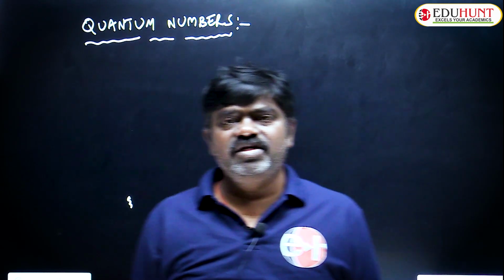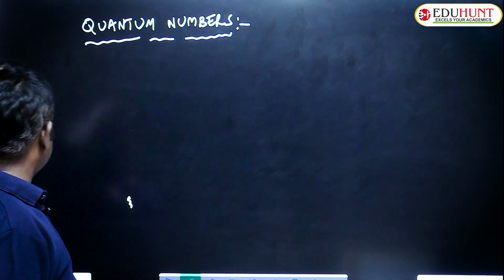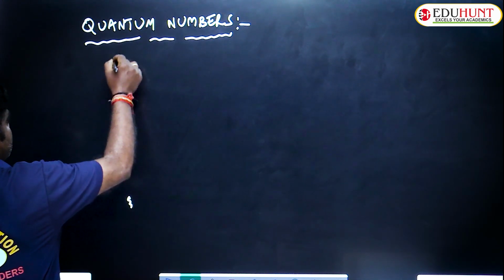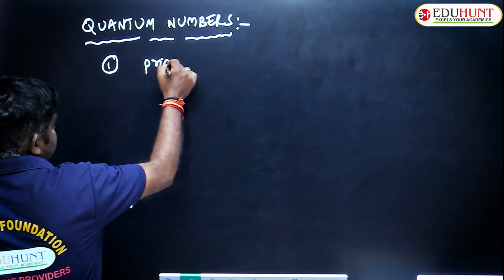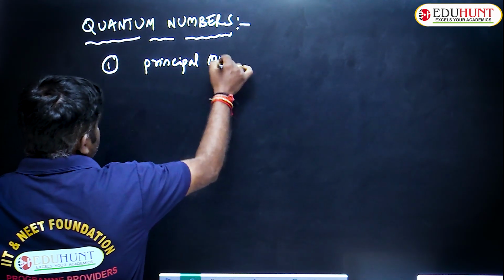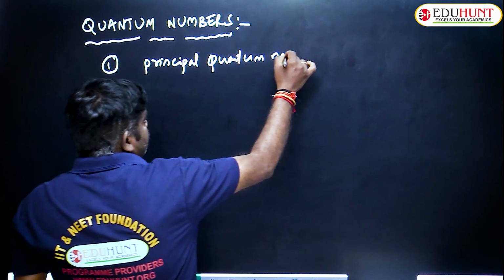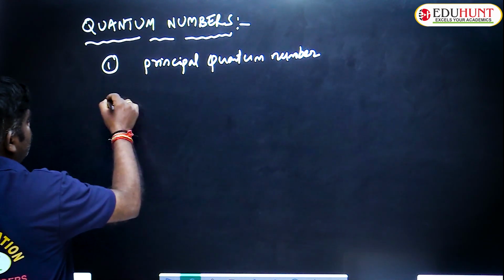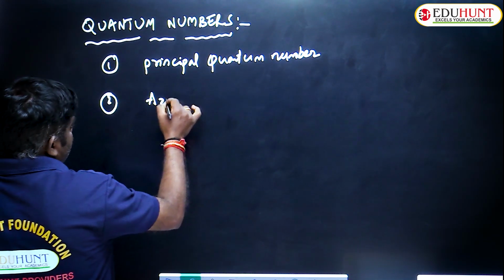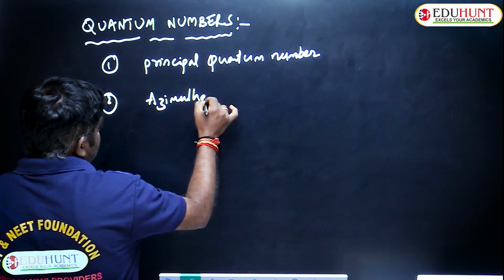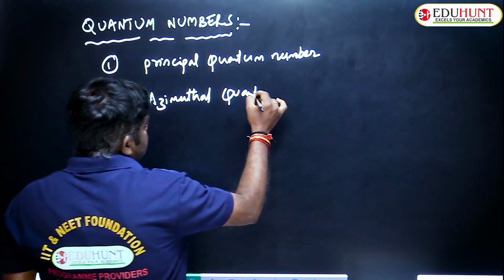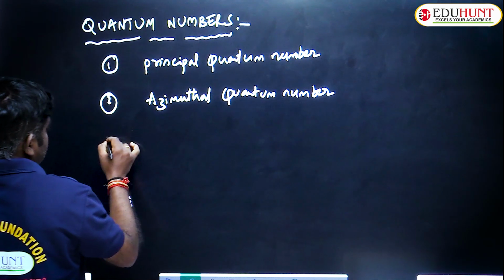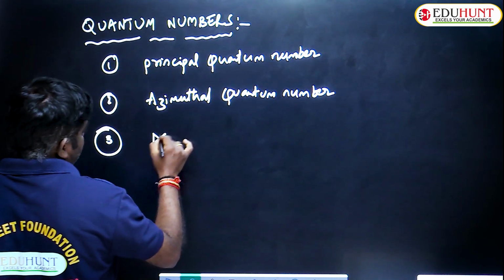These orbitals are designed by mainly three quantum numbers: one, the principal quantum number; two, the azimuthal quantum number; three, the magnetic quantum number.